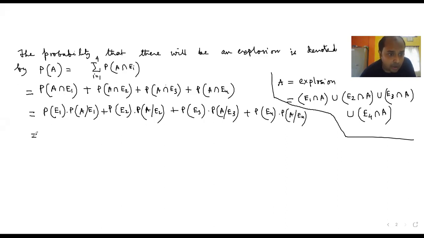Okay, now you put all the probabilities. What are the values?